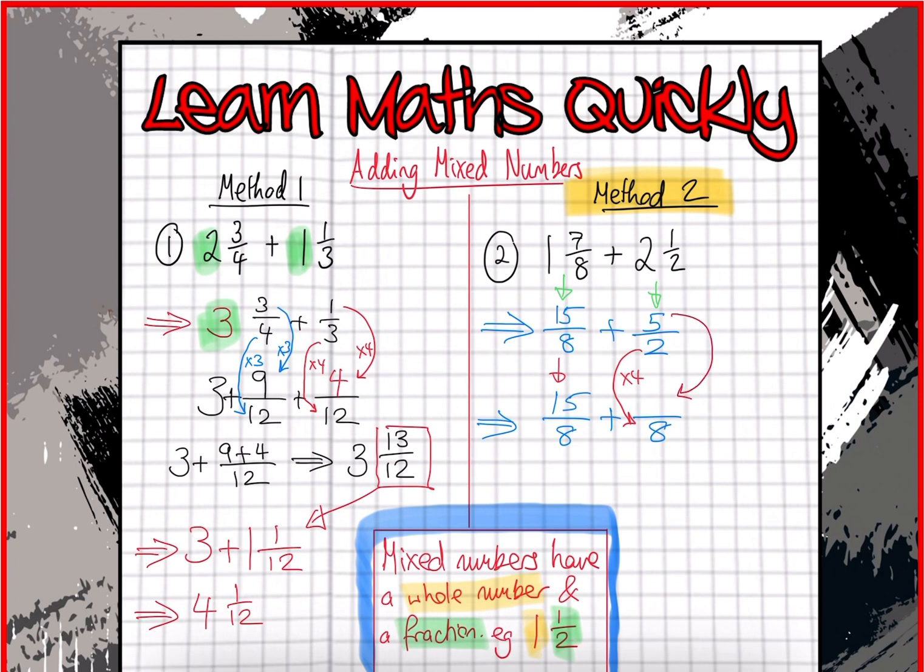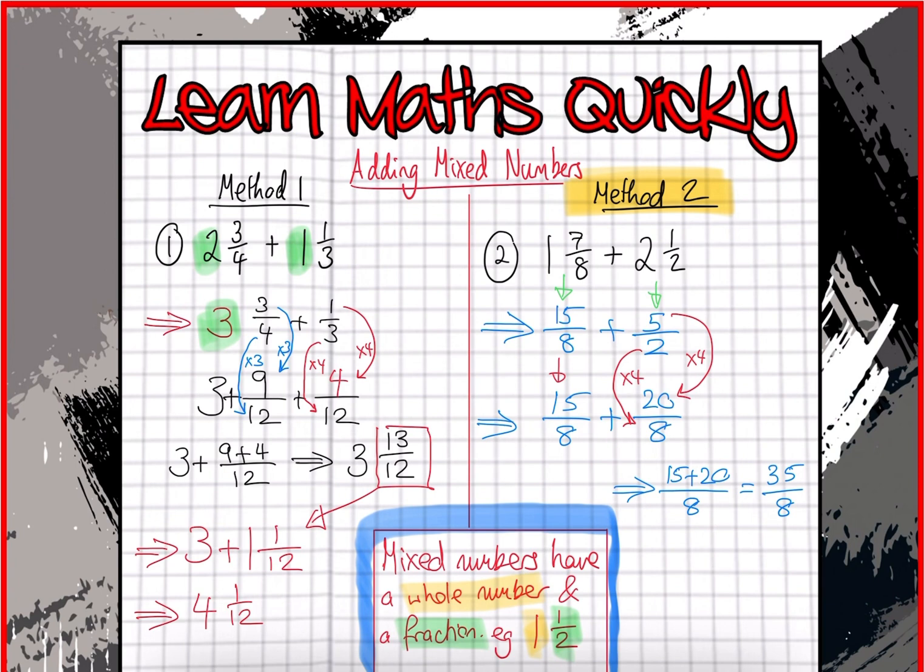So we must multiply 5 by 4 as well, which leaves us with 20. Now, these numbers look a little bit awkward, but you'll soon see why I think it's easier. So then we add our numerators and we keep our denominators the same. So 15 add 20 is 35, and our denominator stays at 8.